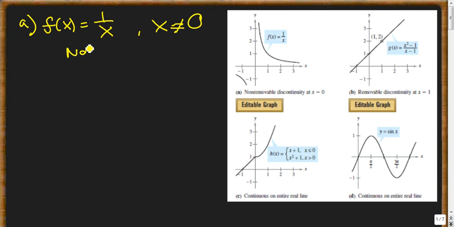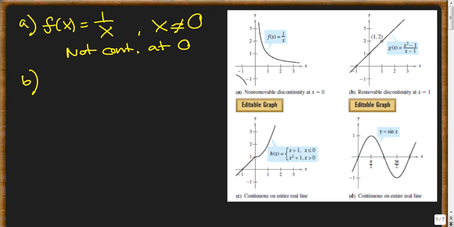Rule 1 says we have to have the function defined at the point. For a, we have f of x equals 1 over x. Well, x can't be 0, so it can't be continuous at 0. So not continuous at 0 because it fails rule 1.